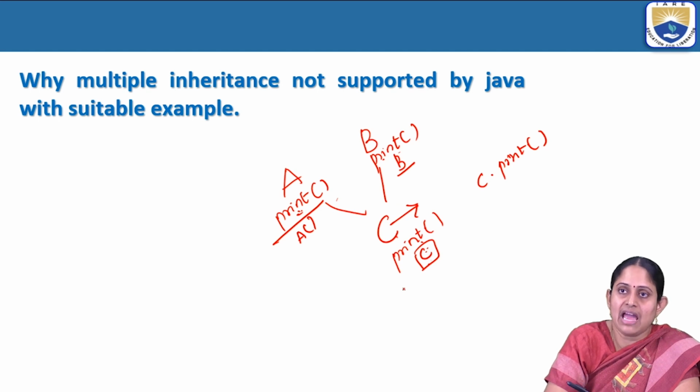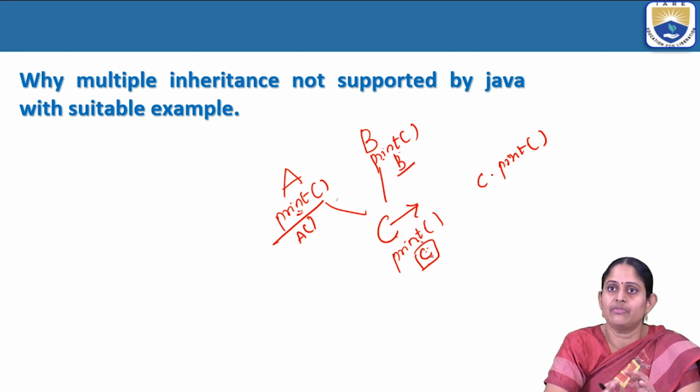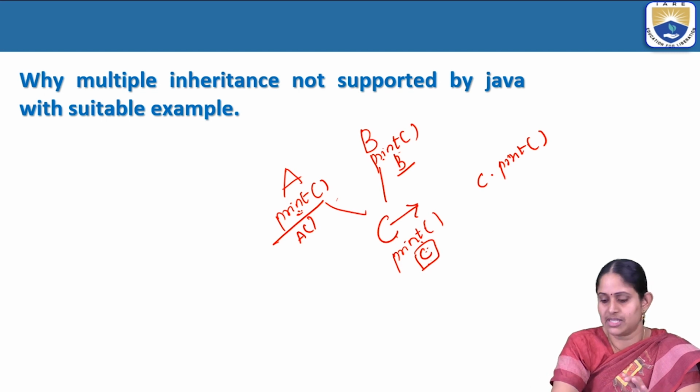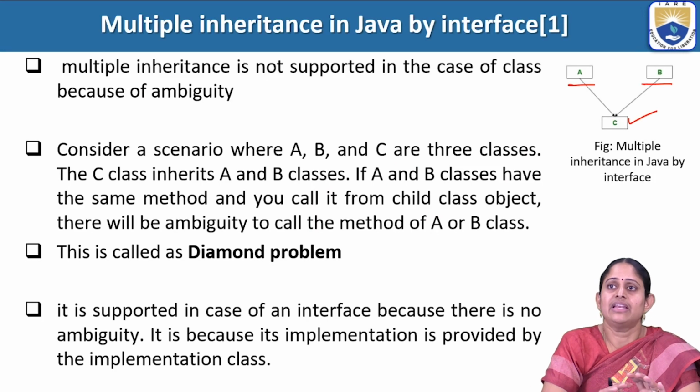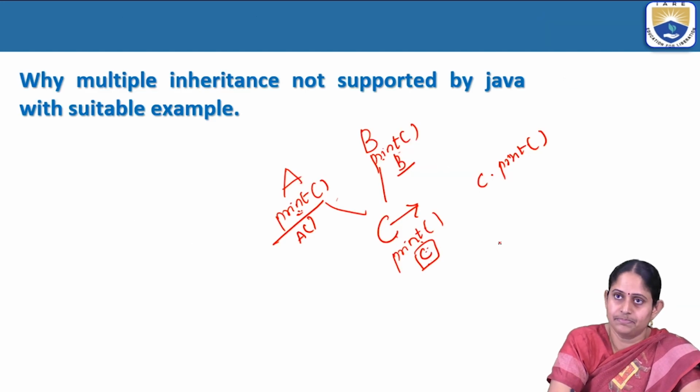So there will be an ambiguity about which method to invoke. The C object will be confused about which copy of the print method to invoke. To prevent this ambiguity, multiple inheritance is achieved using interfaces. This problem is called the diamond problem.